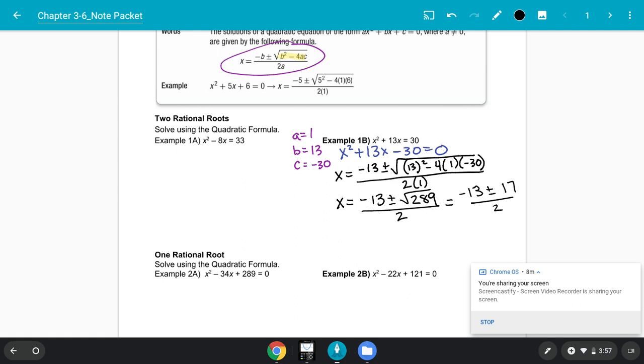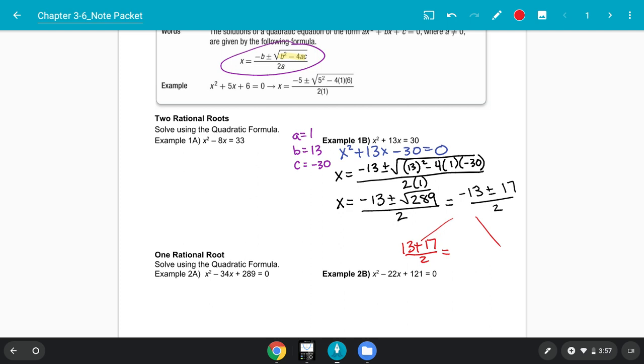So if you split those off, I like to usually write them separately. If you do 13 plus 17 divided by 2, that is 30 divided by 2 is 15. Oh shoot, sorry you guys, I missed the negative. Negative 13 plus 17.